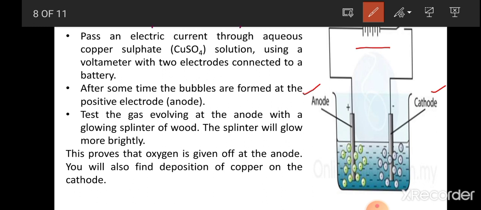Copper, Cu, will form Cu plus 2, the positive ion, and SO4, that is sulfate, will form SO4 minus 2, the sulfate ion. Now the positive copper ion will obviously move towards the cathode, the negative electrode, and the sulfate ion will move towards the anode.